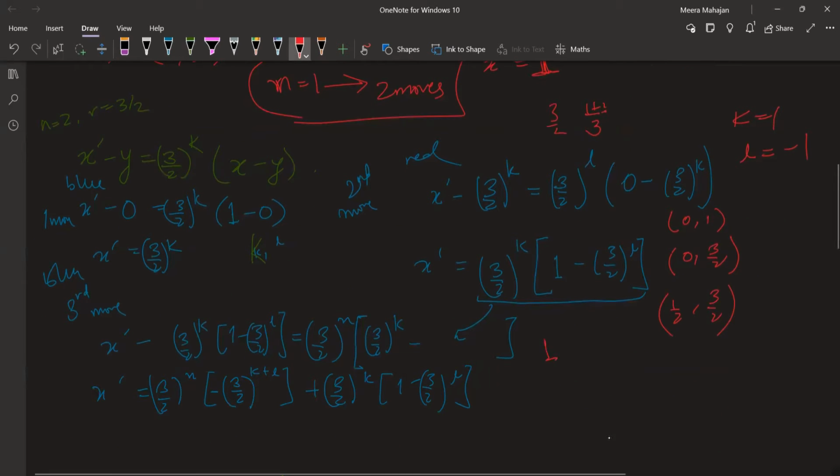Again, let us just pick. Here we are going to pick n is 1, and you will see that we will go to half comma.